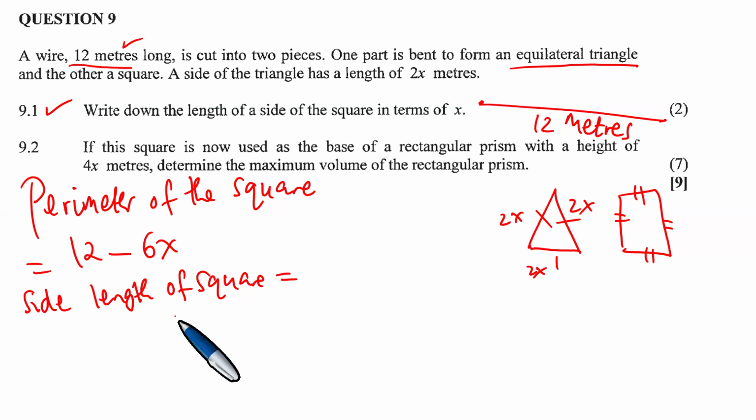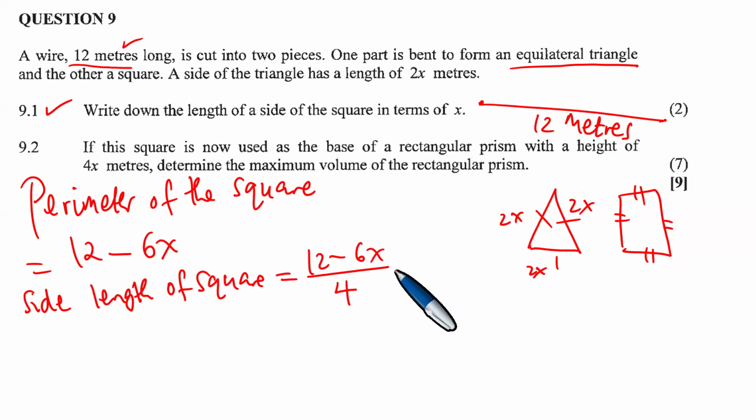Now what is the side? If this here is the perimeter of the square, in other words the remaining length after the triangle has been formed, we shall have the total length 12 minus 6x. The side length of the square, you therefore divide this 12 minus 6x by 4 because the square has 4 sides.